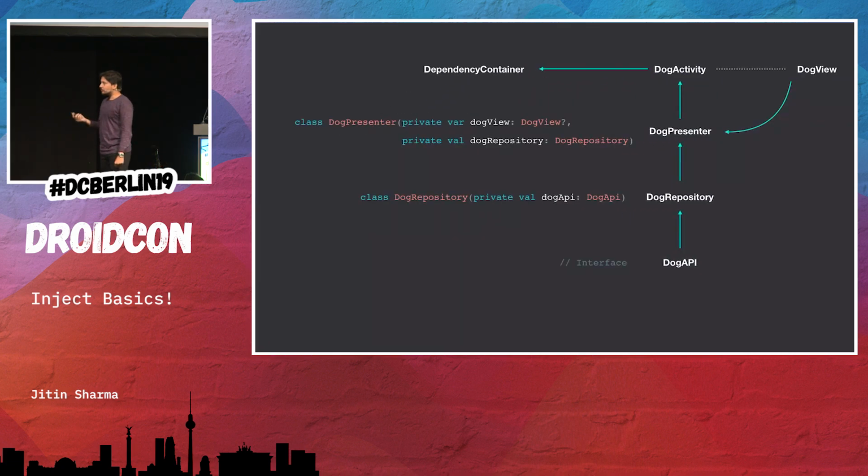The solution is very simple. You use, again, constructor injection, because the moment you have everything passed around with constructors, your classes are completely abstracted out. The classes only need dependencies which they need, and they don't really care about anything outside. So this can work out for your dog repository, this can work out for your presenter, but this obviously cannot work out for your activity, because activity does not have a constructor.